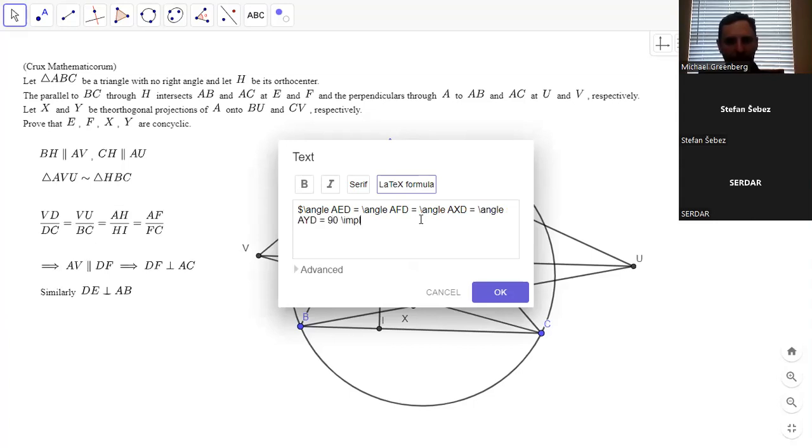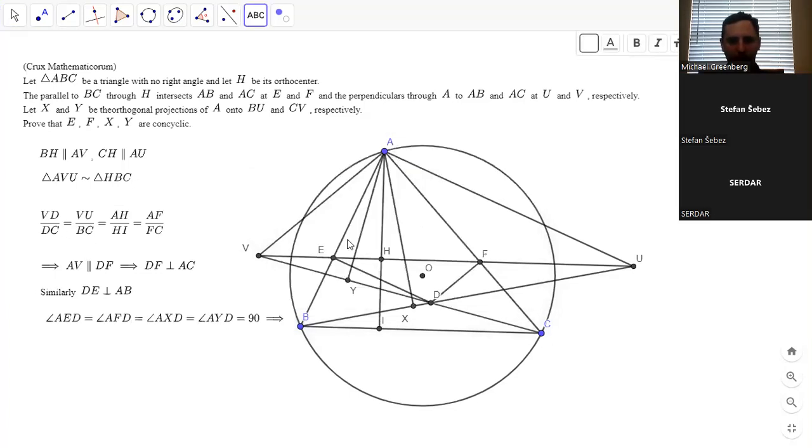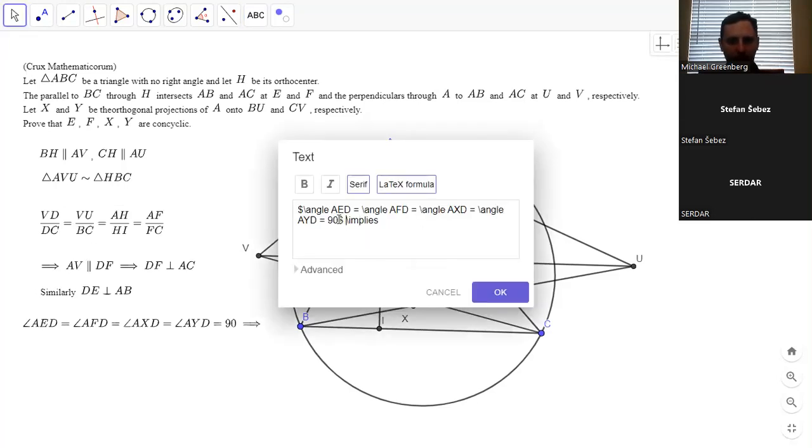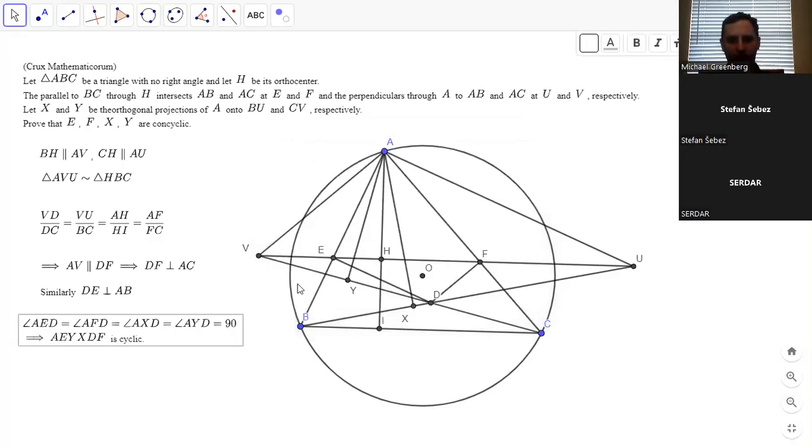And so that means, let me see just the order, AEYXDF is cyclic. I don't even know if we defined point B, so I'll say let CU intersect B, let CB intersect BU at D.